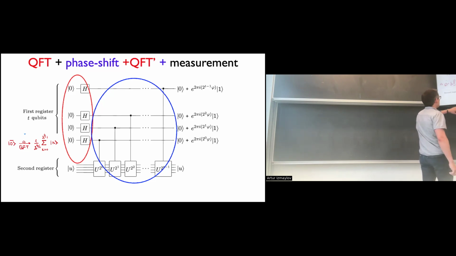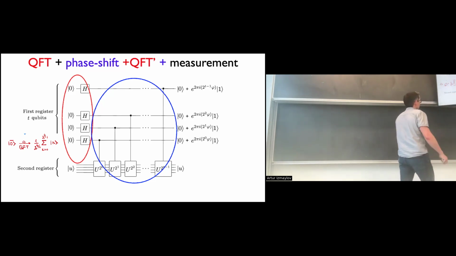But they just put the Hadamards, and essentially these Hadamards do the Fourier transformation, but they don't call it Fourier transformation simply because the state that we are starting with is all zeros. And it turns out that doing a Fourier transformation on that state is way simpler than doing it on an arbitrary state, right?